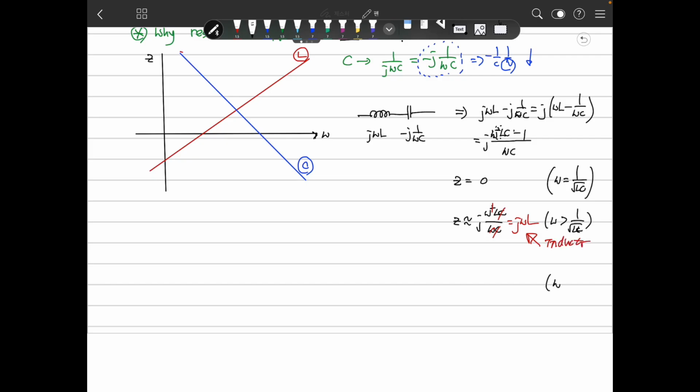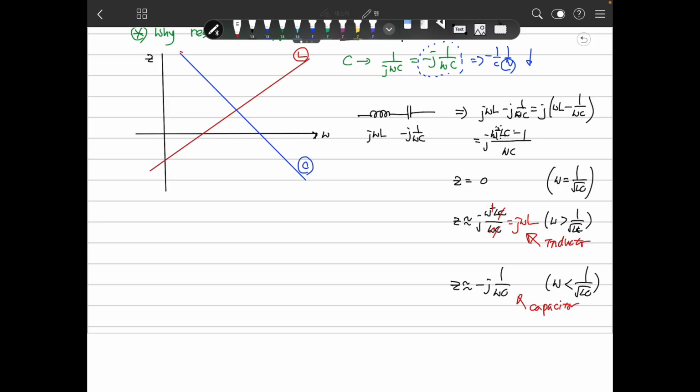At low frequency, omega is smaller than this value, and the impedance is approximately minus j over omega C. So this is a capacitor.